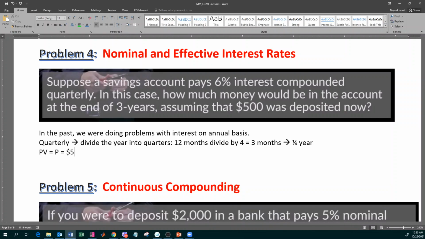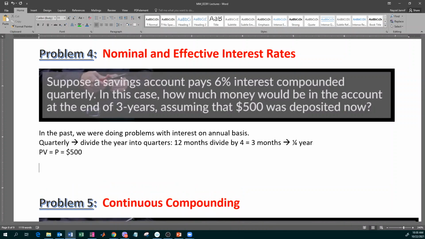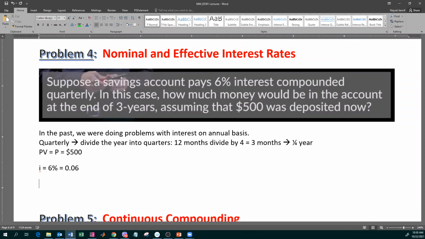Yes, 500. Okay. Next. What is our interest rate? Our interest rate is equal to 6%, which is 0.06. Fine.